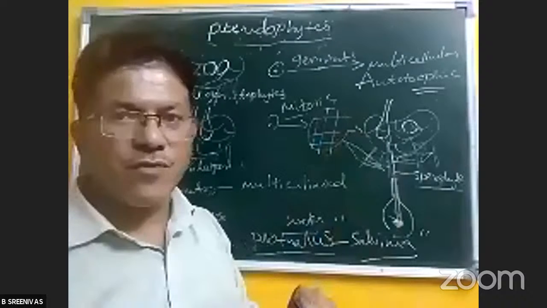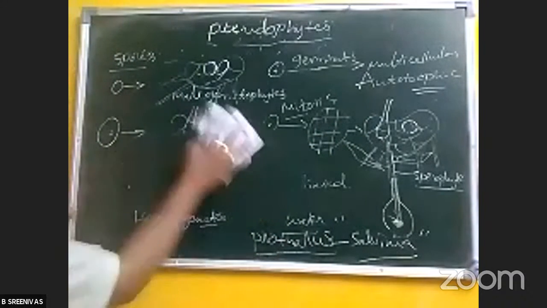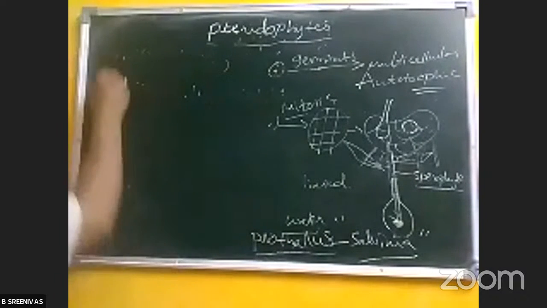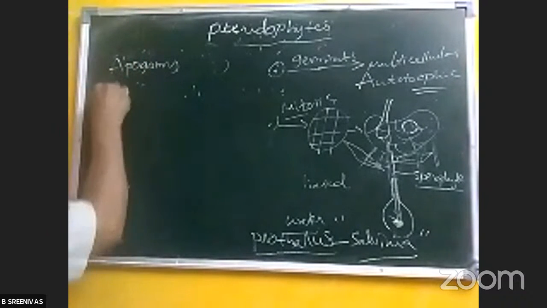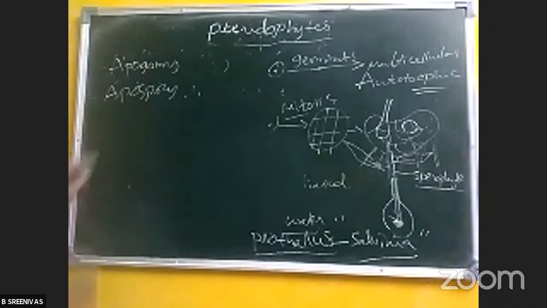These two gametes fuse together, but sometimes directly the cells of the gametophyte... here it is very important: apogamy and apospory. Apogamy and apospory are very important points.